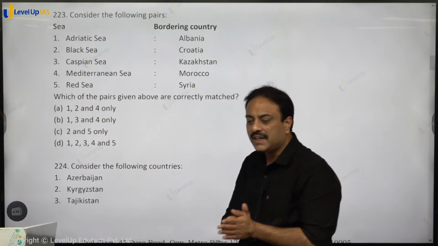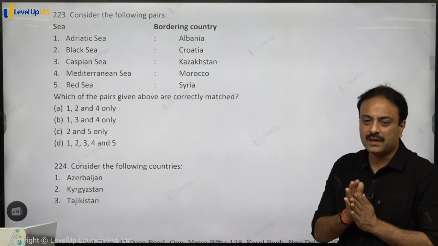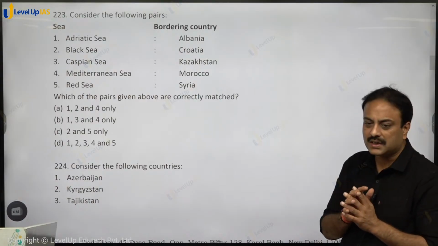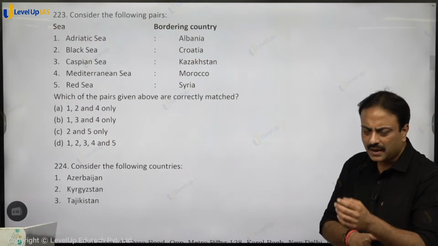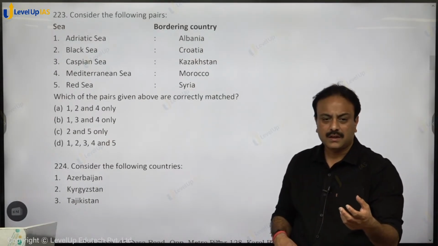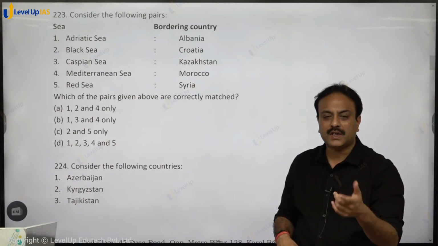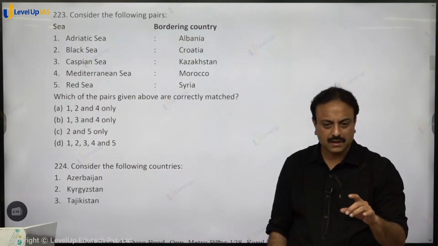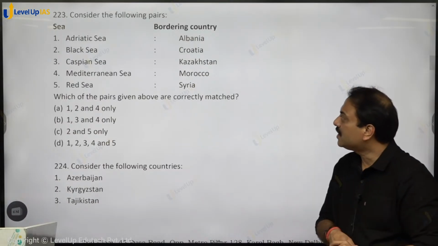One river originates from Pamir, another river originates from Tian Shan, and they drain towards Aral Sea. Heavy extraction of water takes place through all those Central Asian countries, Kazakhstan. Aral Sea is at the border of which 2 countries? Kazakhstan and Uzbekistan, right? So consider the following pairs.